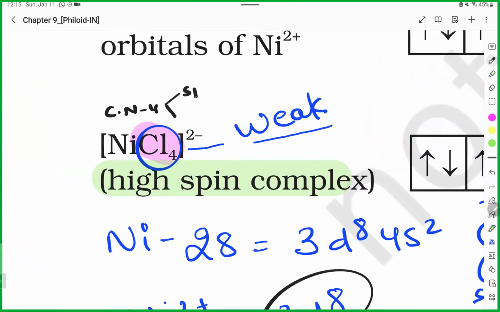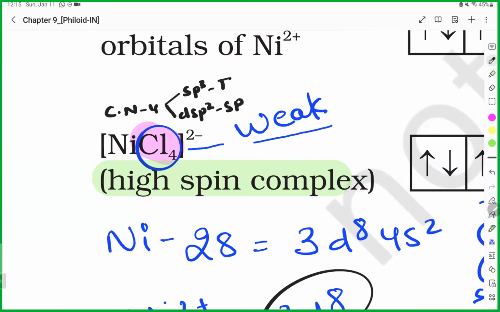So only 2 possibilities are there. If it is sp3, then tetrahedral. If dsp2, then square planar. Any doubt? We will not talk about d2sp3 or sp3d2, we will not talk about octahedral.